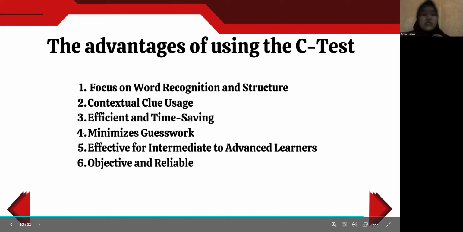The second is contextual use. Since the second half of every second word is deleted, students are required to use context and their knowledge of word forms to reconstruct the missing part of the word.